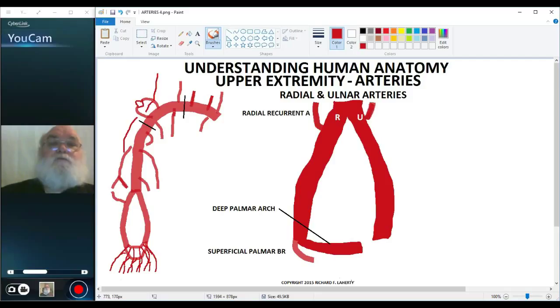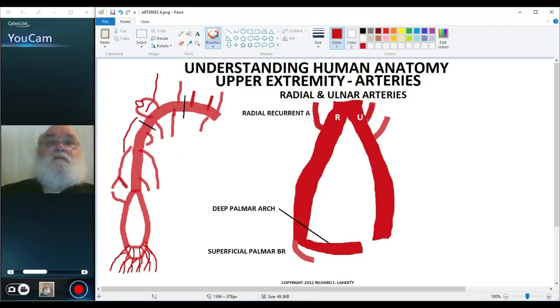One slightly more superior in origin than the other one. And the superior one is the anterior ulnar recurrent artery.